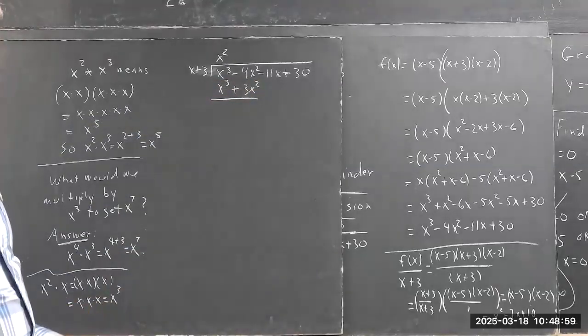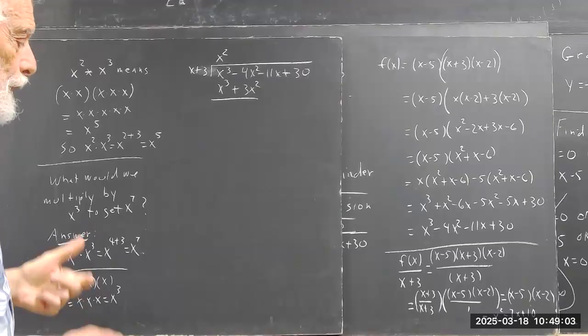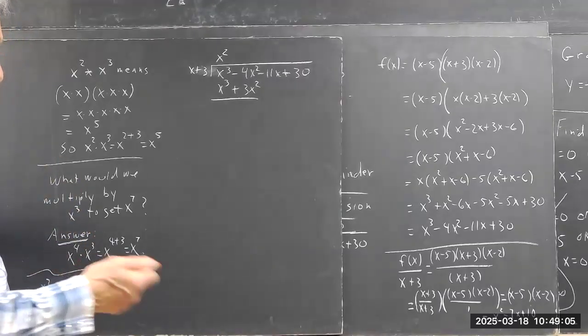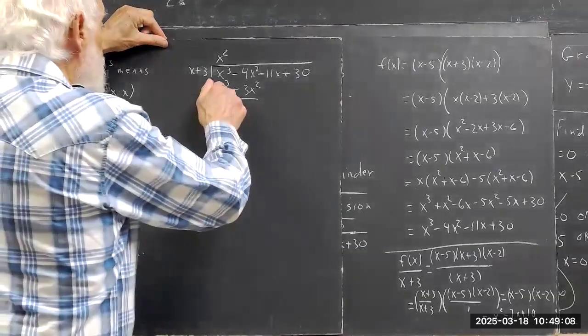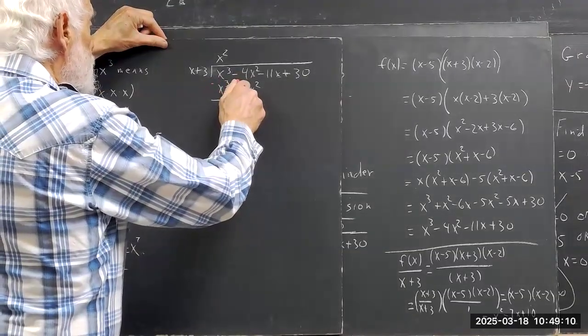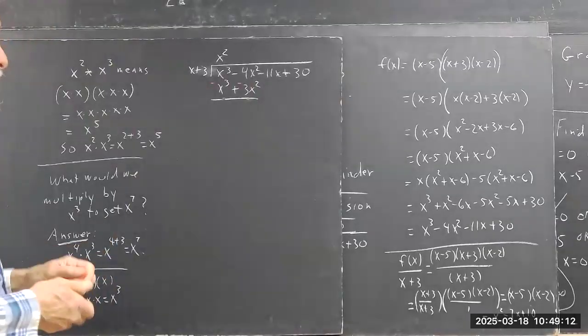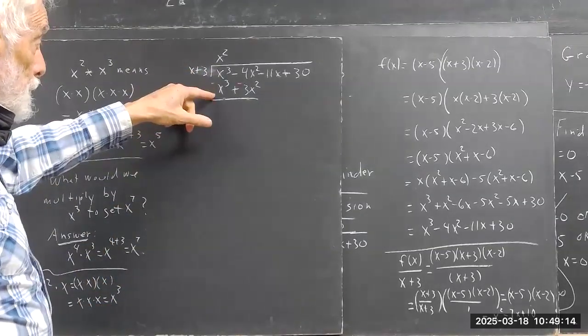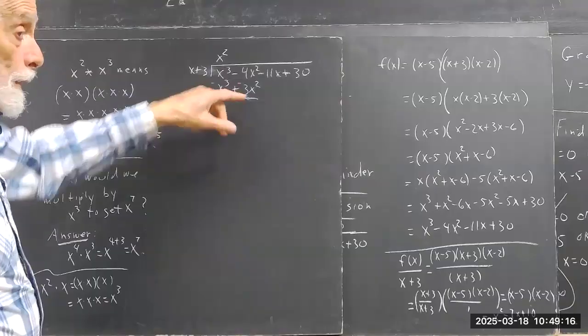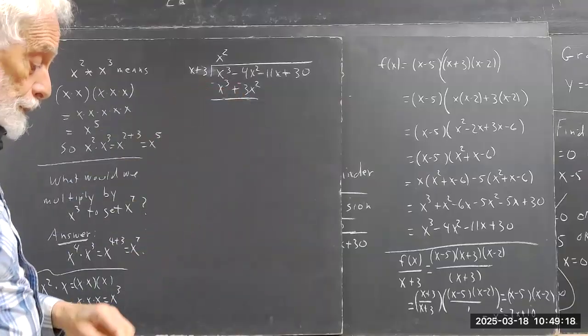Whether you remember that or not, that's what you do. I'll explain that more in class a little bit later on. So I'm going to put a little negative sign here and a little negative sign here to remind me that I've got to subtract this from the x cubed, and I've got to subtract this from the negative 4x squared.